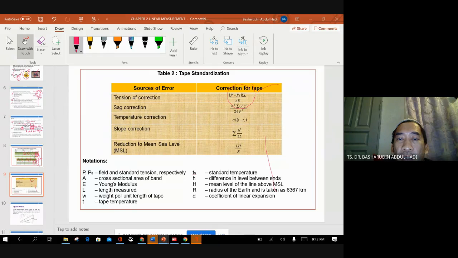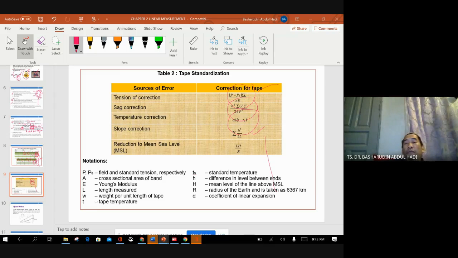For the second correction, you have the formula W squared summation of L to the power of 3, divided by 24P squared. Temperature correction, we have alpha times L times T minus TS. Slope correction, this one, correction equal to h squared divided by 2L. Reduction to mean sea level, we have LH divided by R.